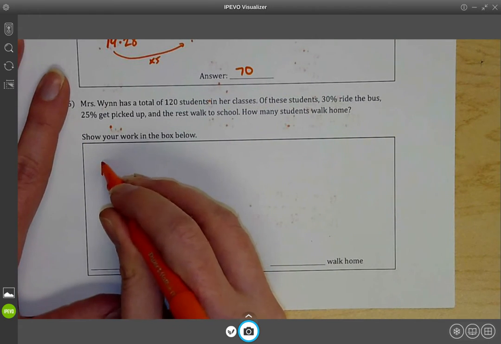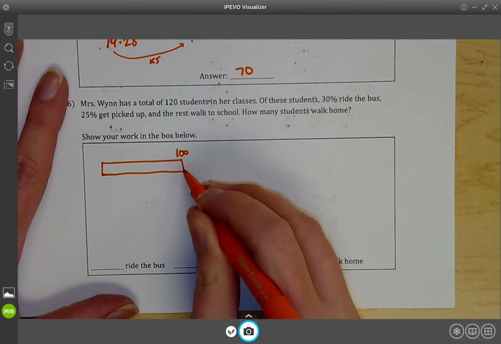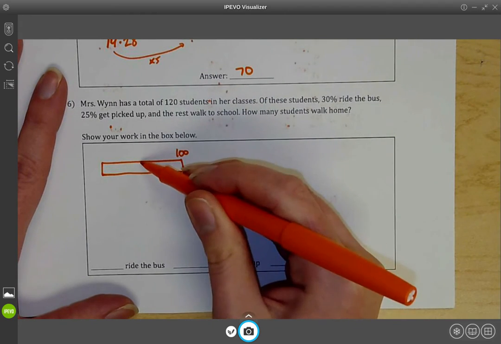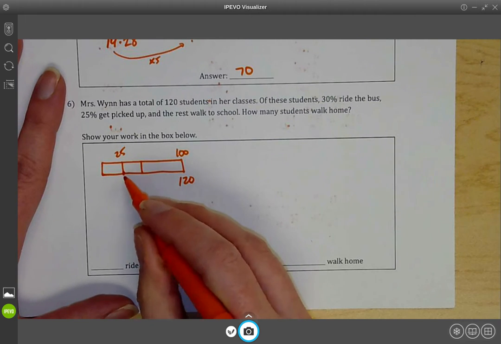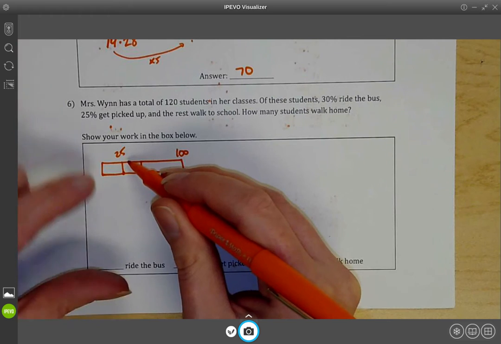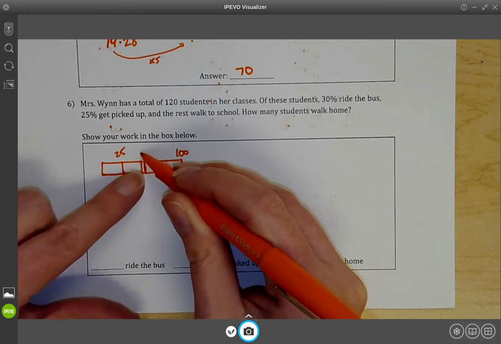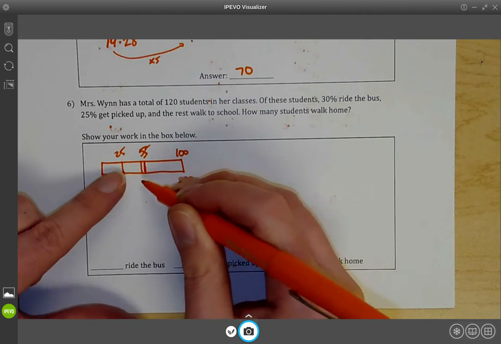If I have my model here, 100% is the same as 120. 25% get picked up. Another 30, so this would be 25. Another 30 after that would be 55%.